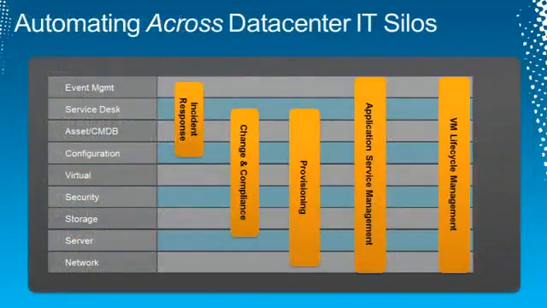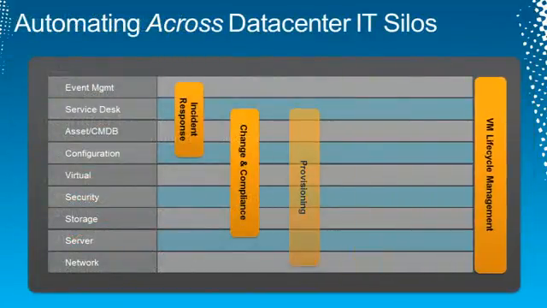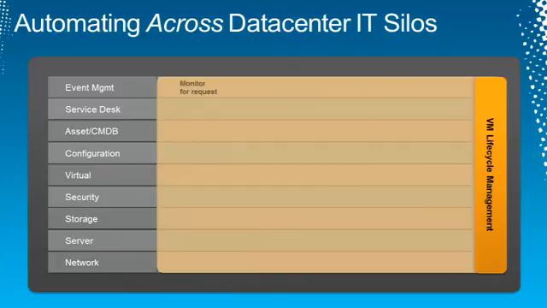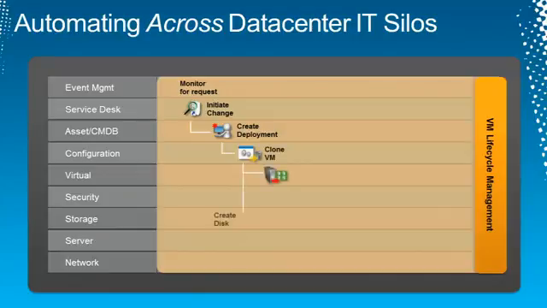So talking about automating across those silos, and here's a nice, easy example. You just want to deploy a virtual machine into a virtual environment. It sounds fairly simple, but if you look at what silos and what parts of an organization that data actually cuts across, you're going to get an event request come in. So the event management team's involved, somebody wants something.